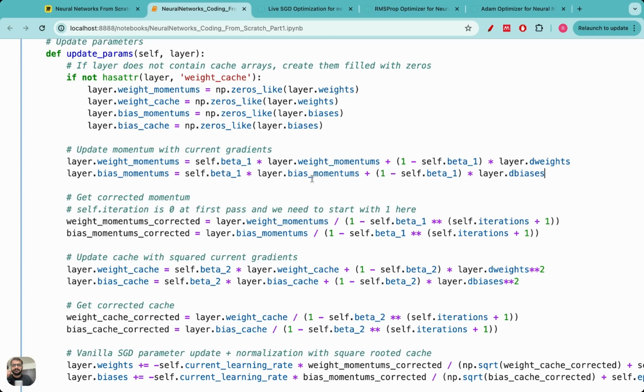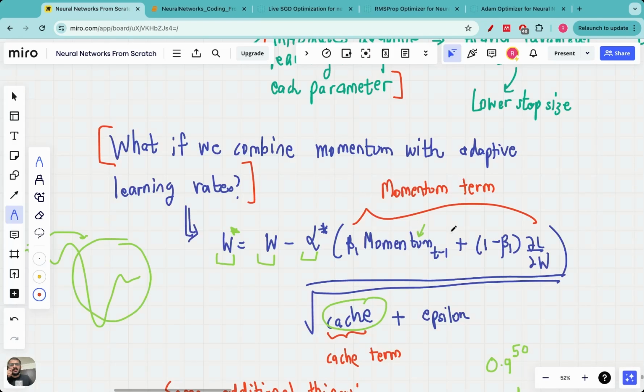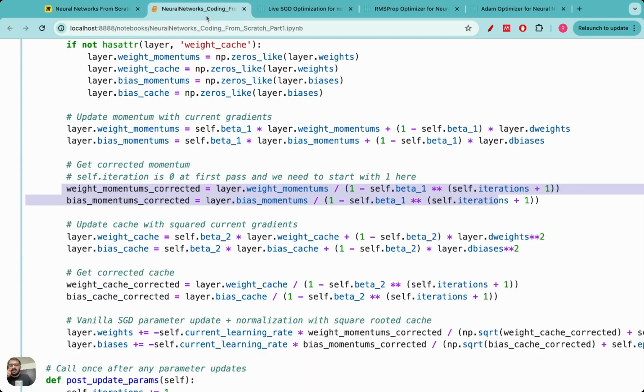And then we are going to employ the correction term. So remember that the momentum term is going to be divided by 1 minus beta 1 raised to t. So in this part of the code, we are implementing the correction term. We take the momentum term and we divide by 1 minus beta 1 raised to t.